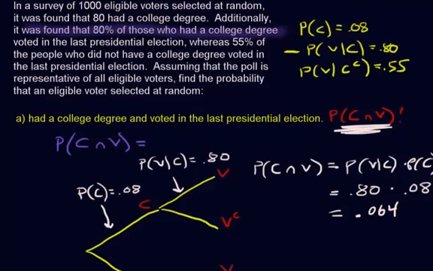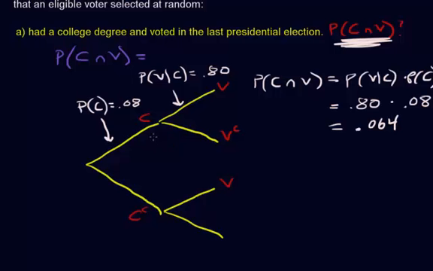This one represents the probability that you did not vote given you're college educated. Now, when you go up your branches, because we only have two options, they have to add up to 100%. So if we go up here 0.8, which is 80%, then the people who did not vote would be 20%, or 0.2.